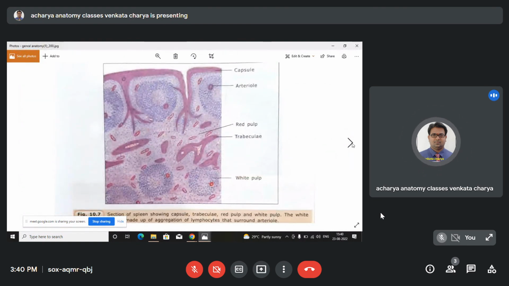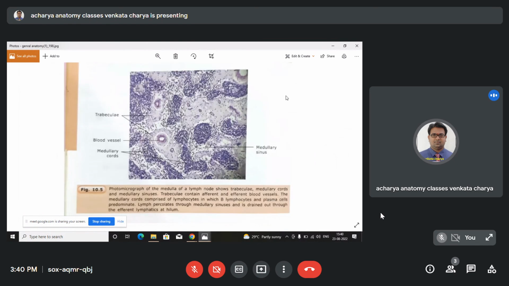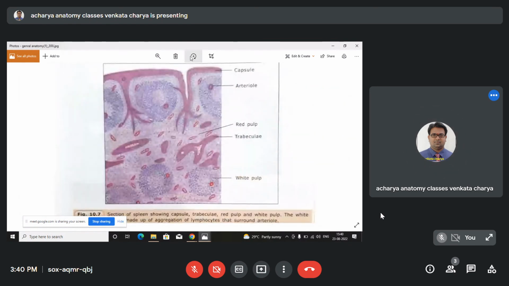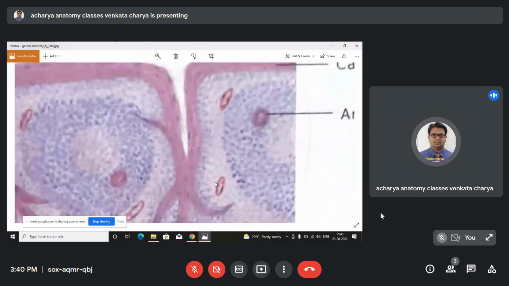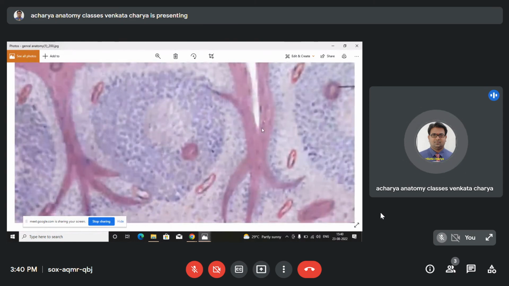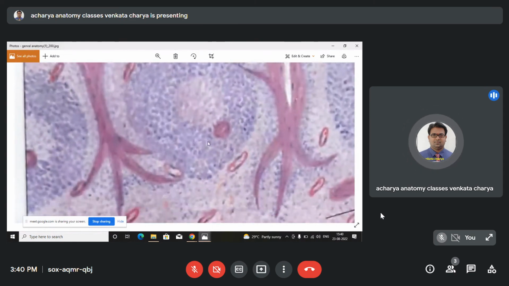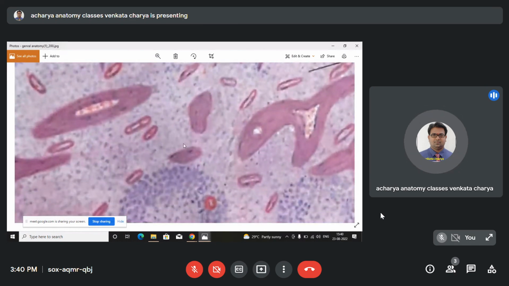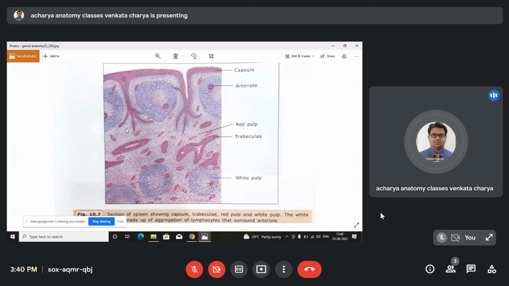This one is the cortex and this one is the medulla.